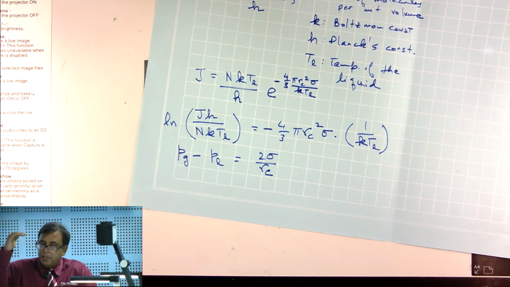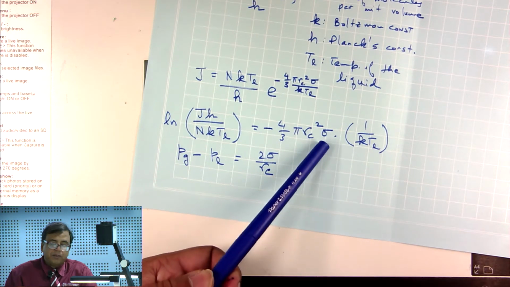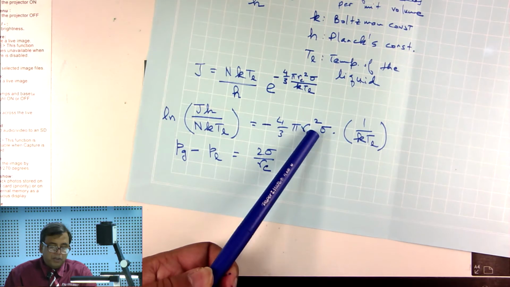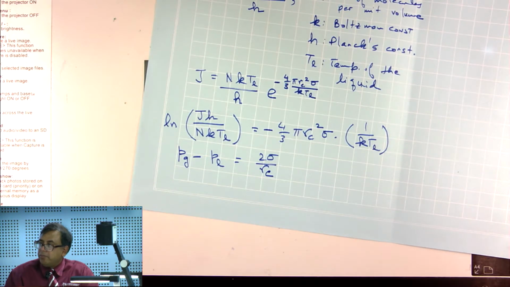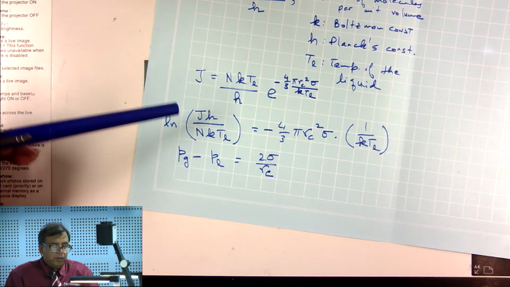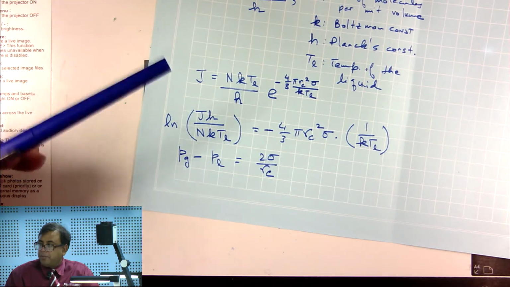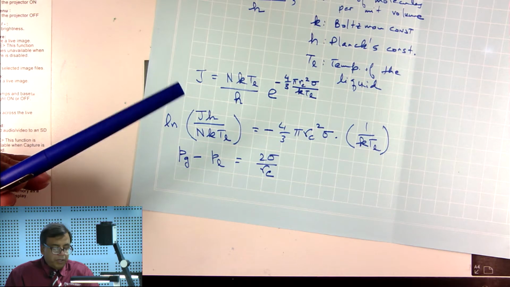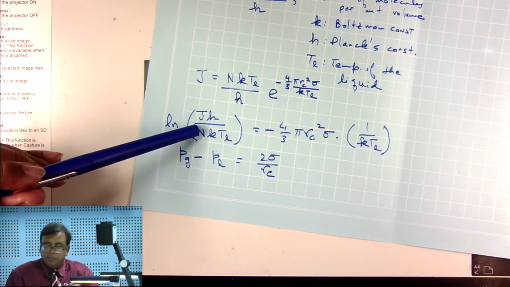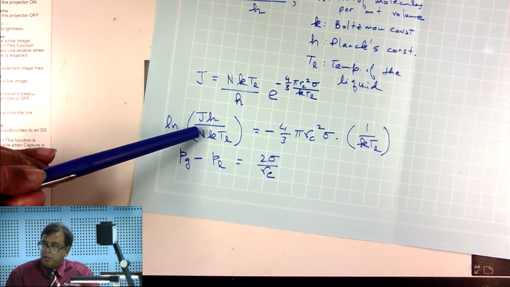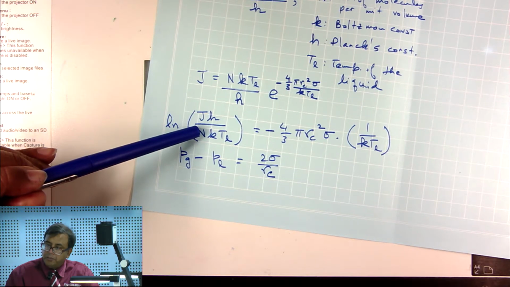So, I can do it in an Excel spreadsheet, or I can use an engineering equation solver or MATLAB, and I can keep iterating as long as I know the value of sigma as a function of temperature, because this sigma will vary with TL. Okay. Now, the big question is what is J and what is n? Okay. So, I can use ideal gas law to figure out the number of molecules per unit volume.